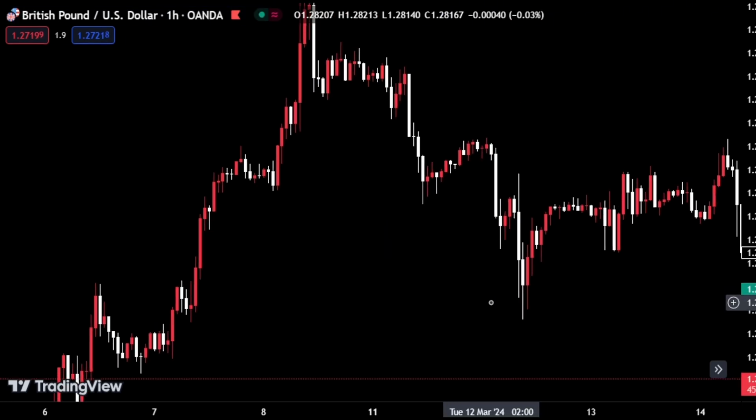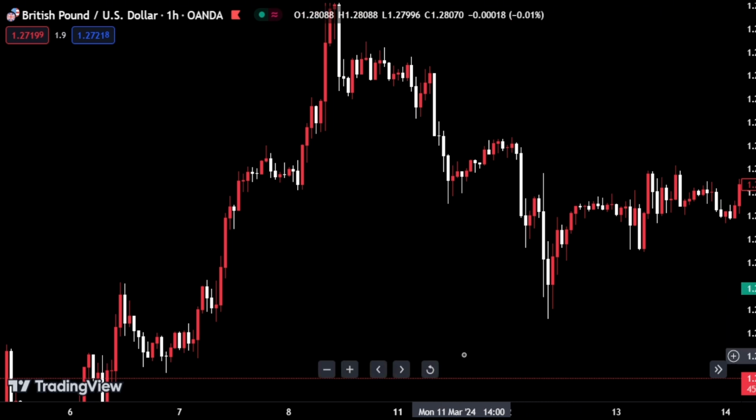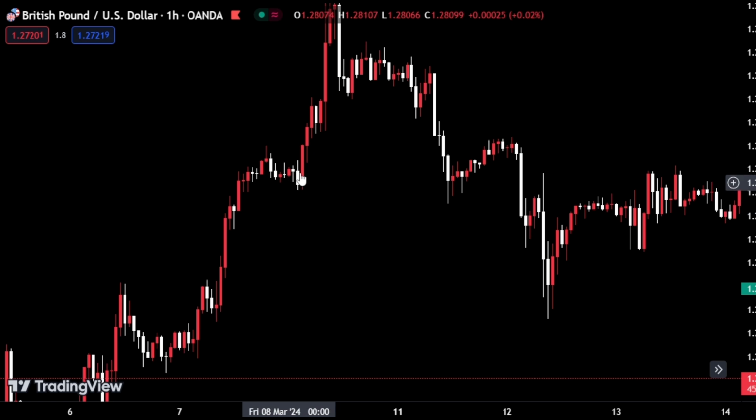So now, guys, we are going to be looking at an example where we have equal lows, equal highs, and then the liquidity grab. Right here, let me just do a little breakdown of this market. We have a market pushing to the upside.